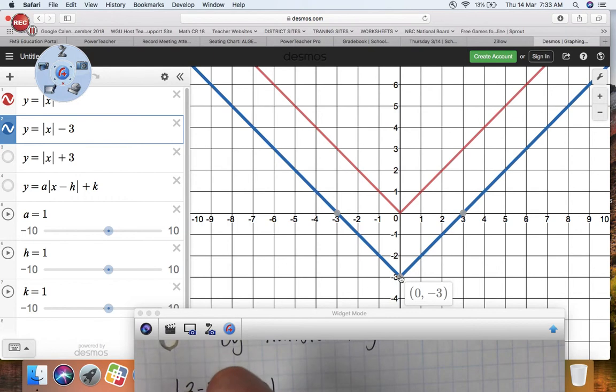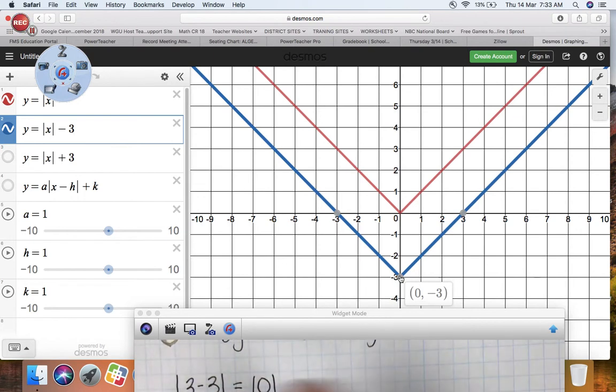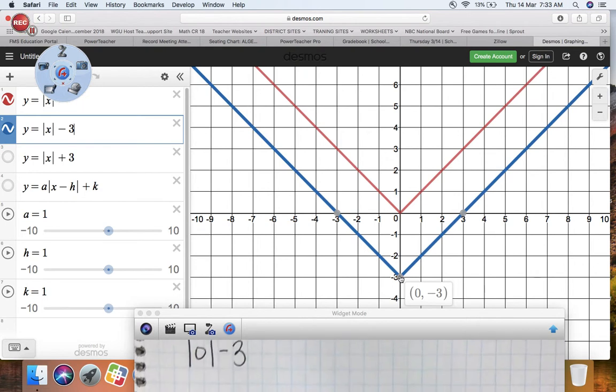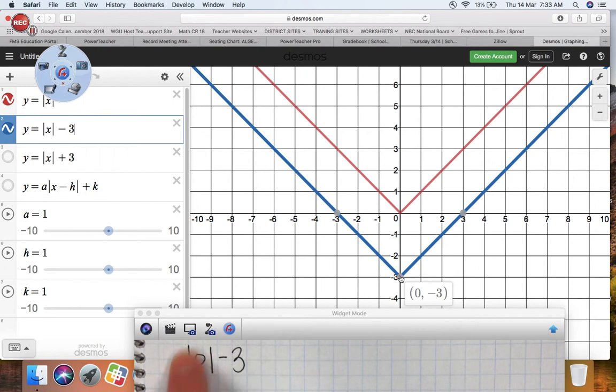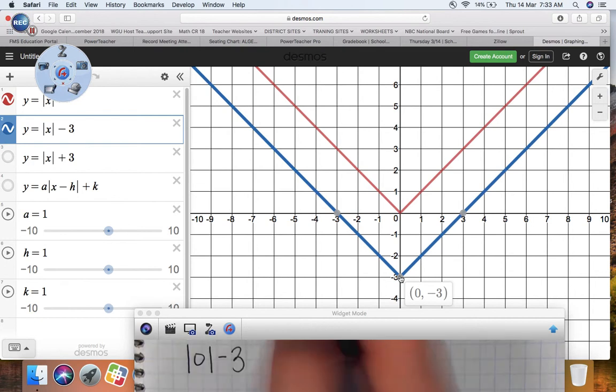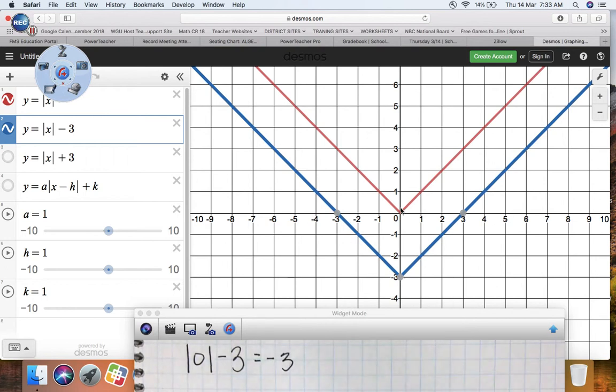So let's use this one. If I have the absolute value of 0 minus 3, notice this one, the -3, I would have to do inside of the absolute value first. So then it would be 0 minus 3, which would just be -3. So notice the vertex is shifted down on that one.